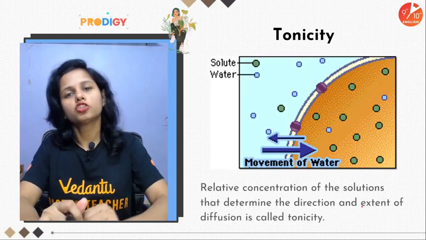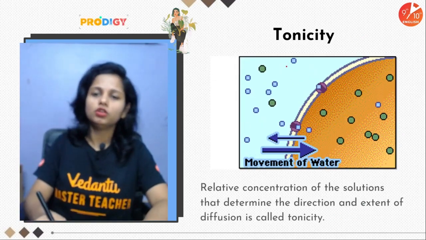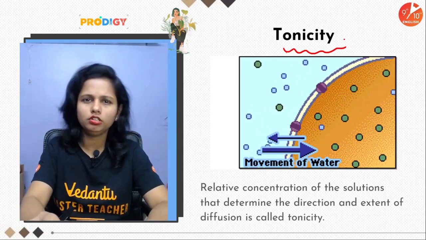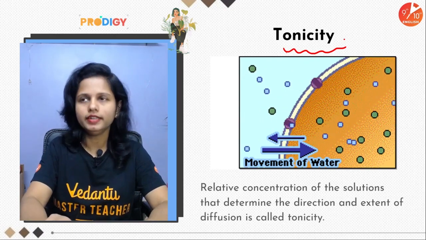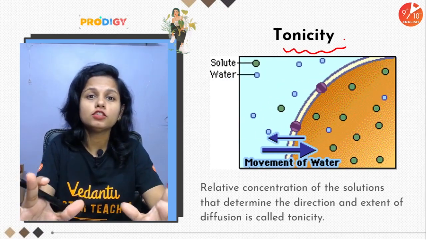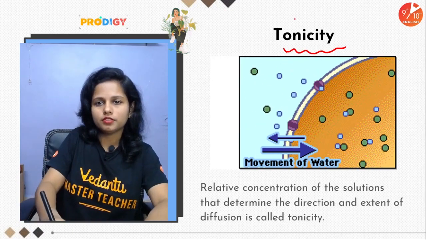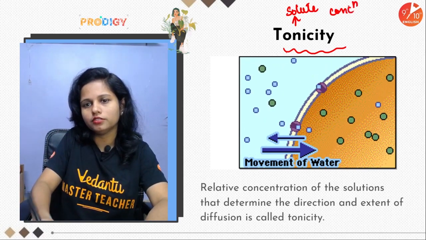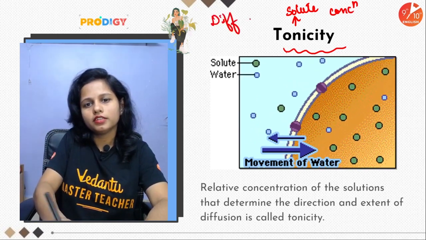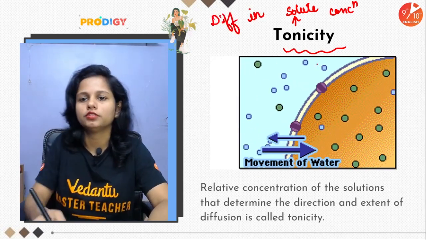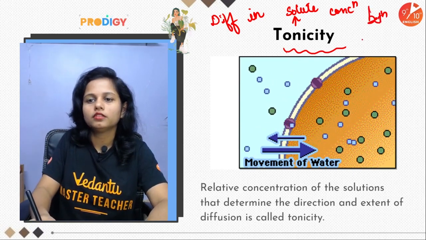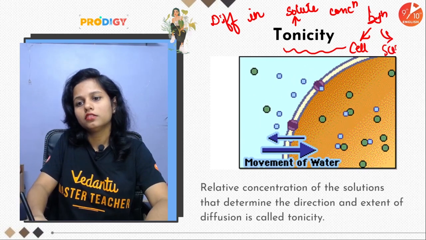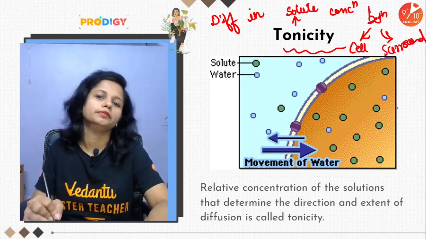Right? Now, osmosis depends upon the tonicity of a solution. What is tonicity? Tonicity refers to the difference in solute concentration between the cell and the surrounding medium.